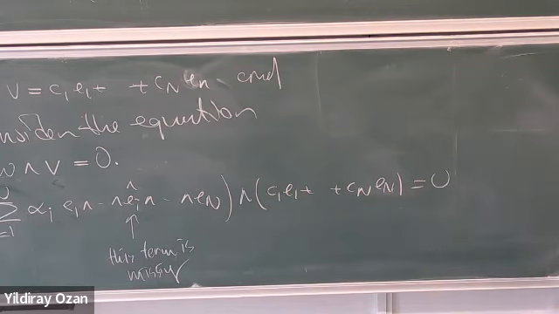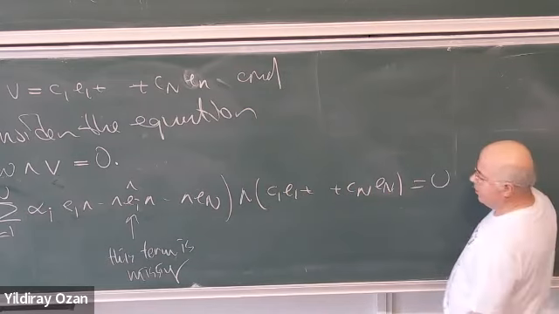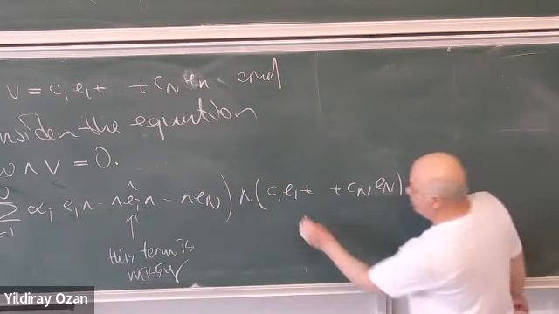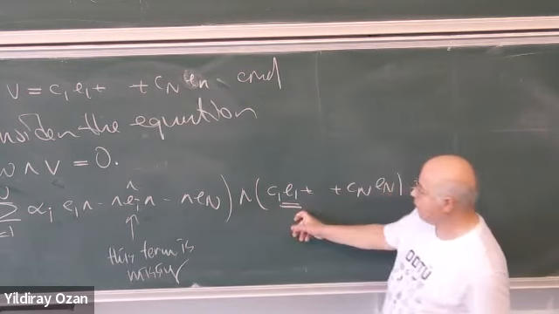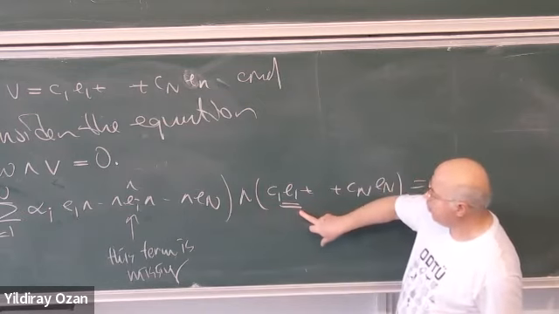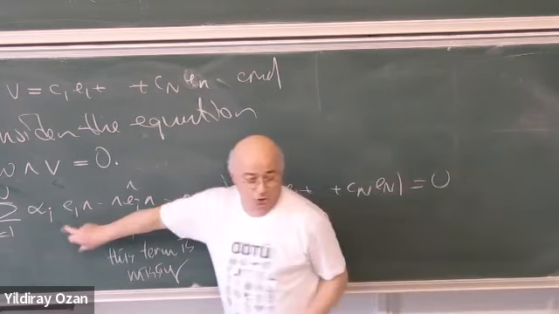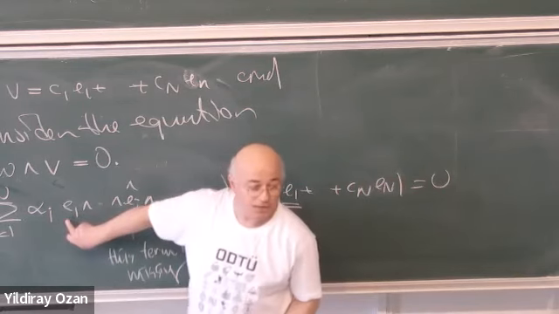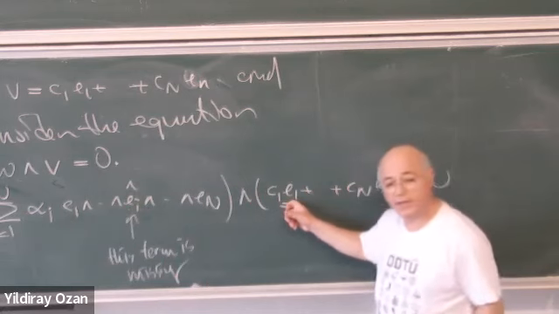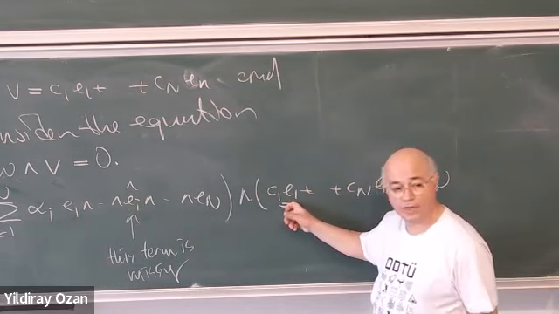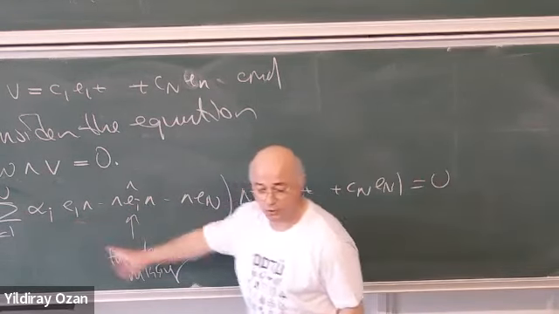Well, this means what? You see, if I multiply this term with this one, I will get 0 unless the first term is missing. If there's E1 here, when you take wedge product with E1, this term will give me 0.